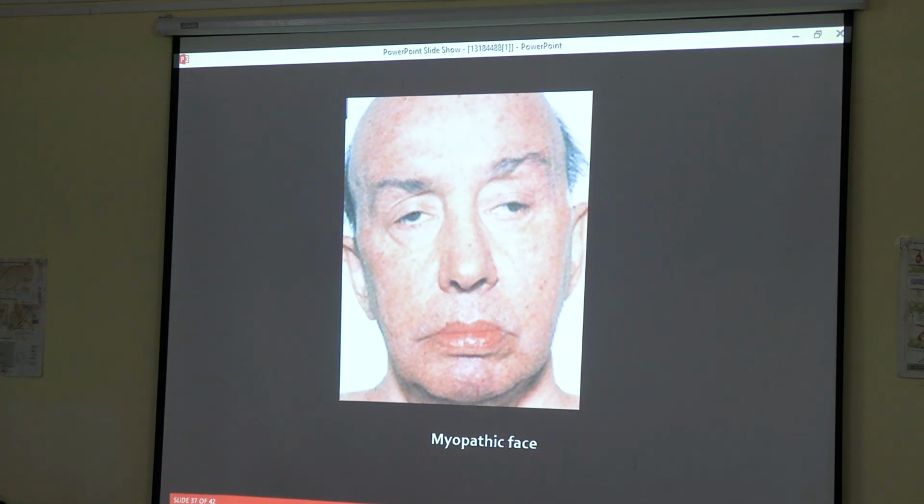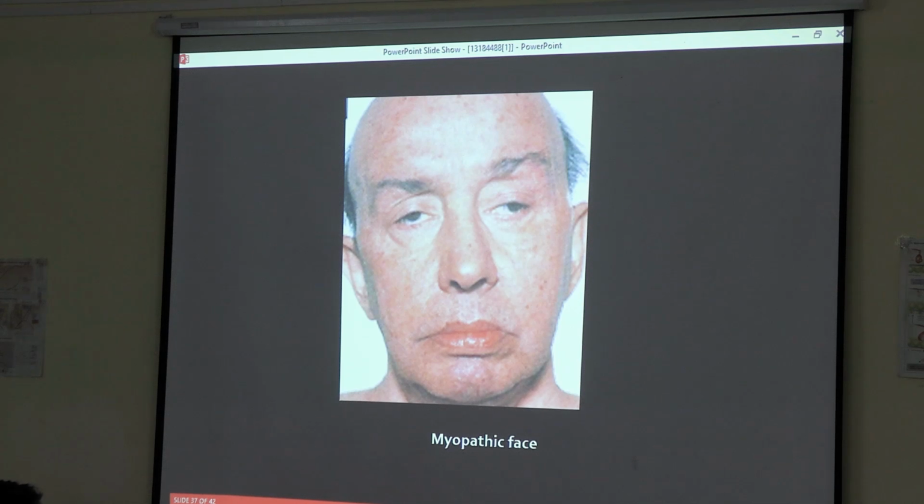This is one of the patients of myopathy. So actually here, due to the weakness in the muscles, kindly please pay attention. In this patient, what can you see in the patient's face? Is the face looking normal?